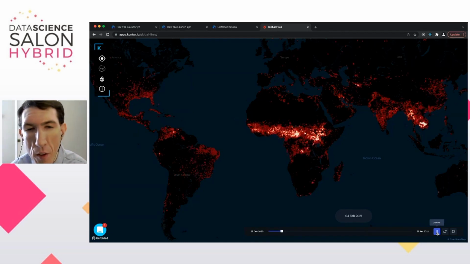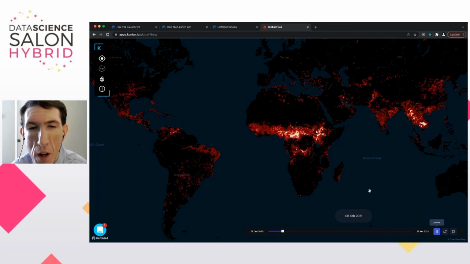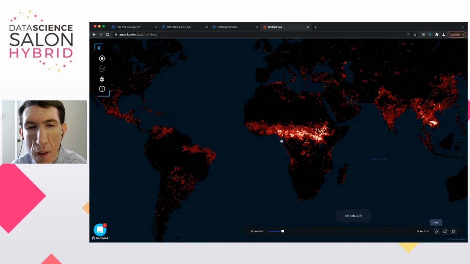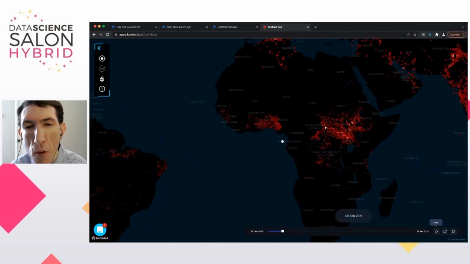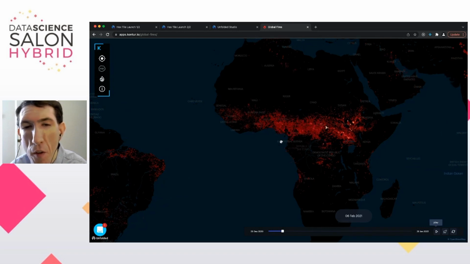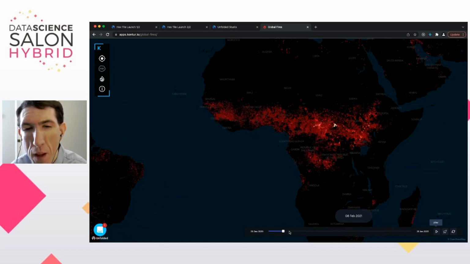And not only do I have this data available for animation, but I can also zoom in here, for example, zooming in on the continent of Africa to get finer spatial precision of how these fires are evolving over time.